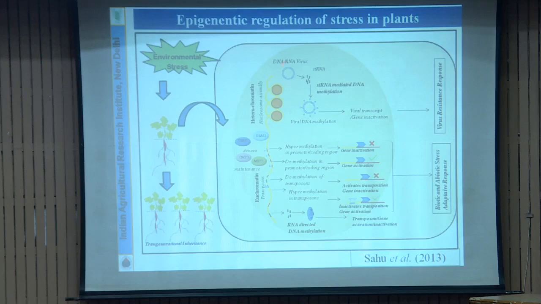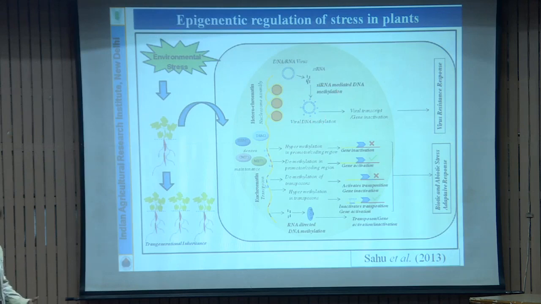Like here, you can see when a DNA or an RNA virus attacks a plant, the RNA or DNA virus genome produces small RNAs, known as small interfering RNA or siRNA, inside the plant, and those short RNAs may lead to methylation of the viral DNA.